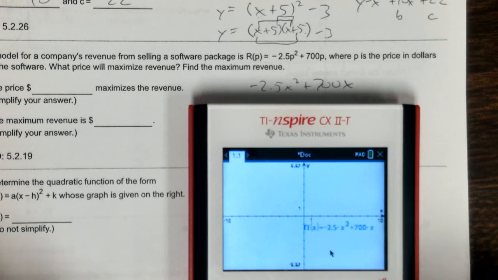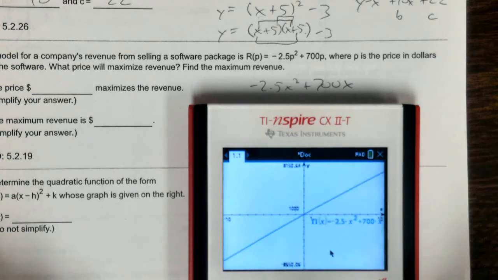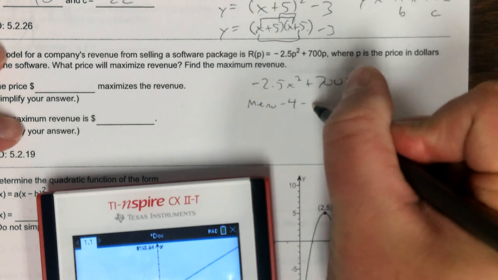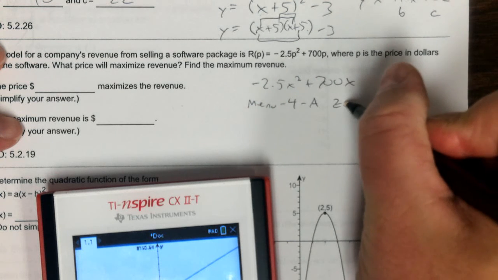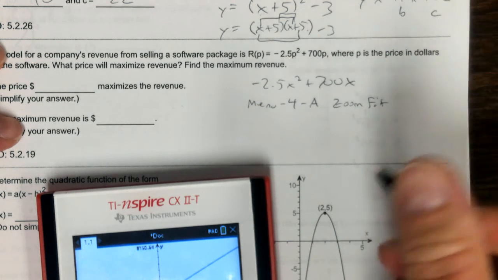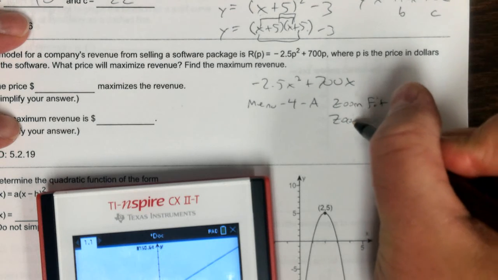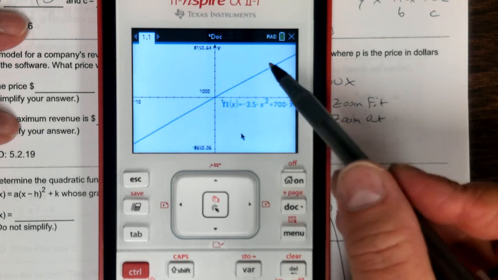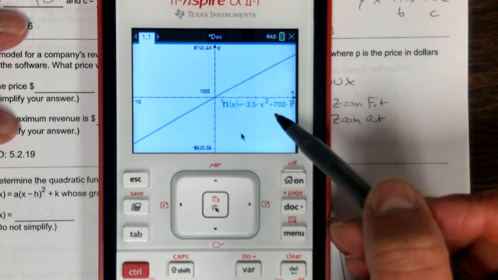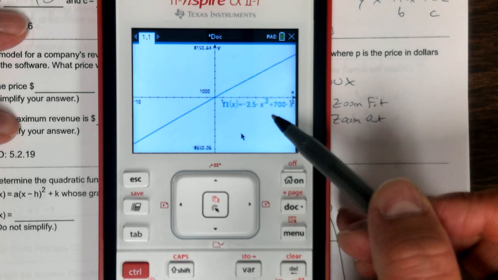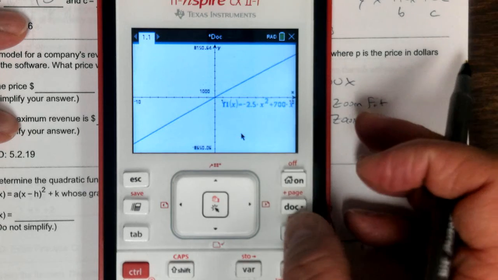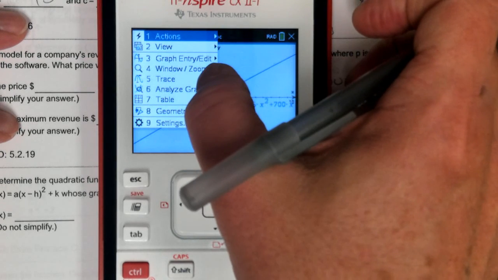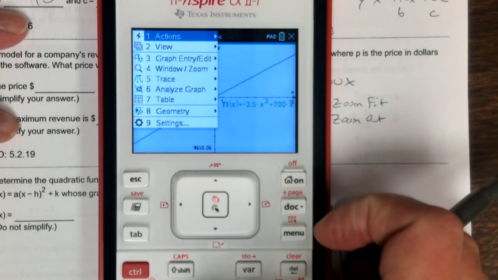Okay, menu for A is zoom fit. And then I want to zoom out a few times, because right now it looks linear, but we know it's x squared. There's no division or anything, like it would be for a rational function.